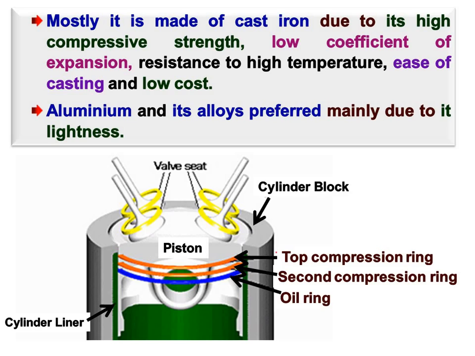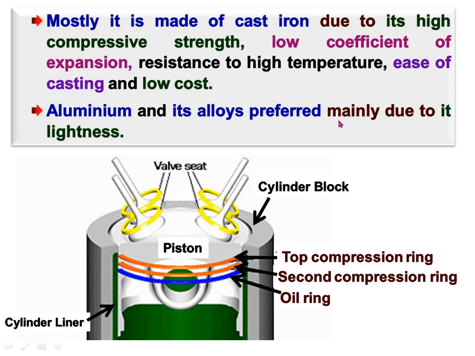So it has resistance to high temperature. Then ease of casting means it can be cast easily, so we can produce a number of pistons in the factory, and the cost is also low.